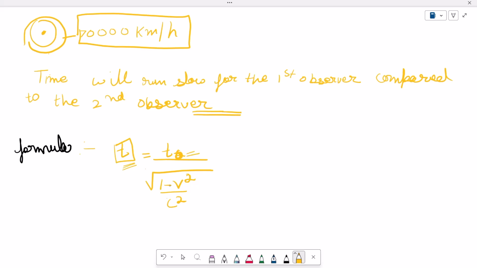This is 1. V squared stands for the square of the velocity of the moving object, and c squared stands for the square of the speed of light.